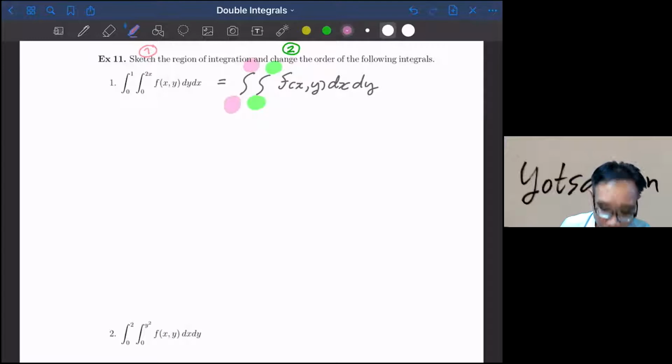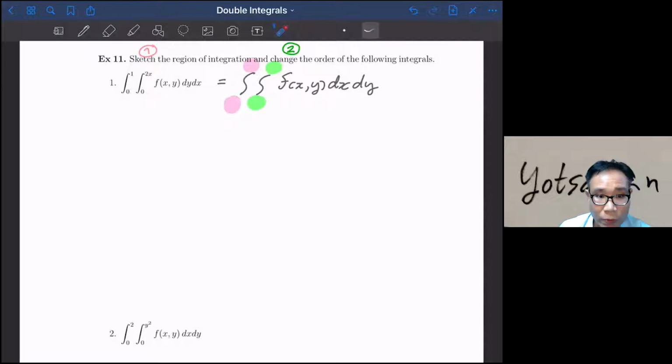I mentioned before that you can't just interchange the order by simply changing the order of integration, because this limit is curved and this one is constant, they are not the same. So we must sketch the region.